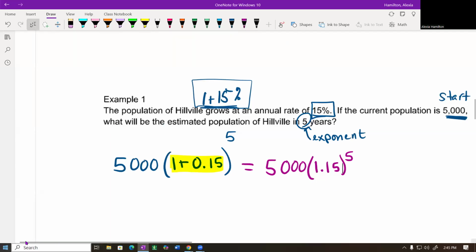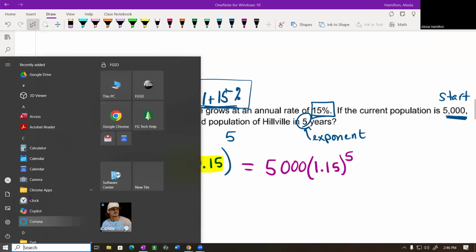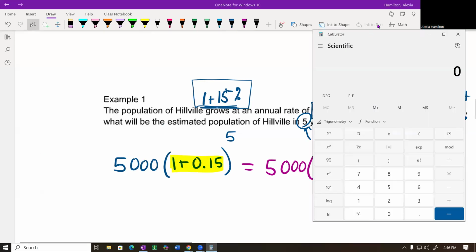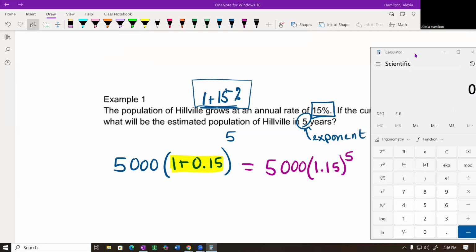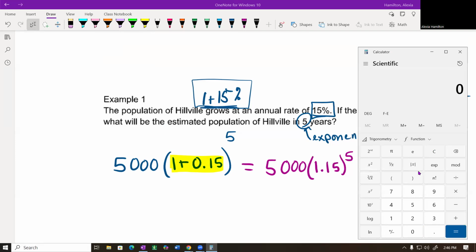And then the calculator comes out. So calculator, where can I put it? Can I make it shrink down to fit on my screen? Okay. So I'm just going to go ahead and do the 1.15 raised to the 5th. So 1.15. And if I'm raising it to the 5th, I hit the XY button on this thing, and then notice, ooh, that's nice.